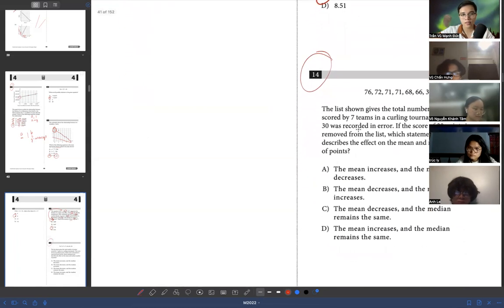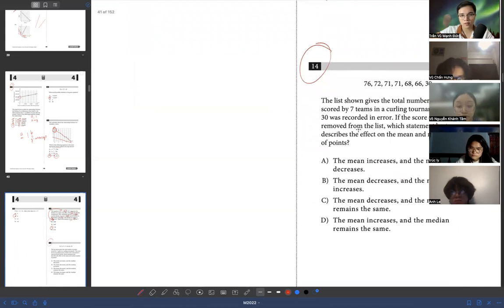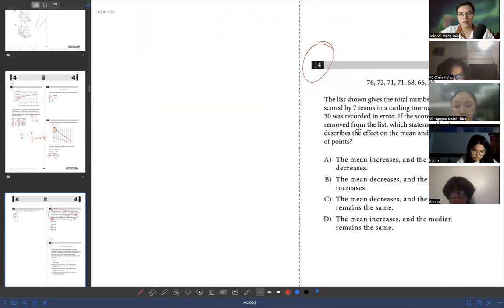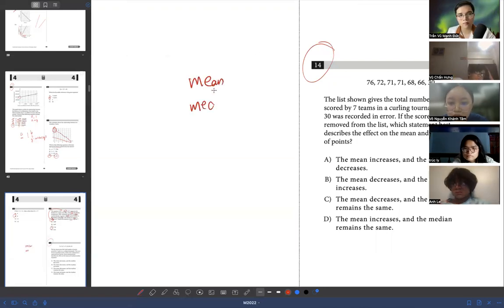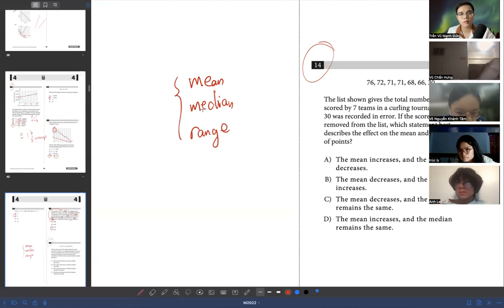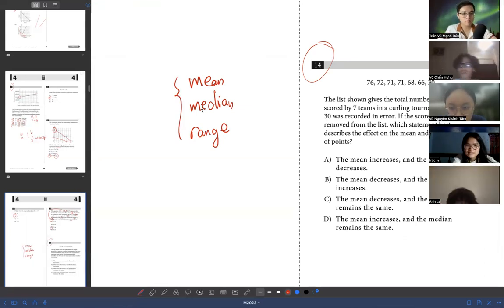Next up is the 14. I want you to do this for me. How about Lina? Do you still remember what the mean, the median, and the range are? Mean, median, and range. The average number.